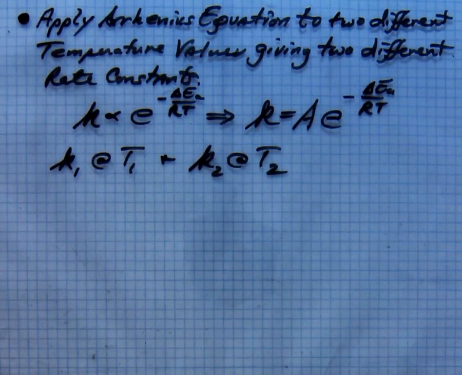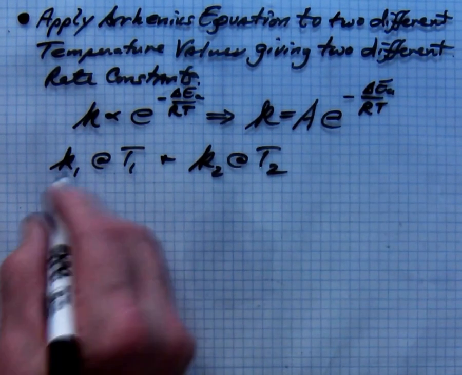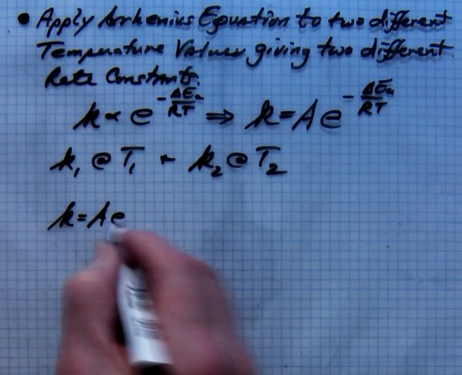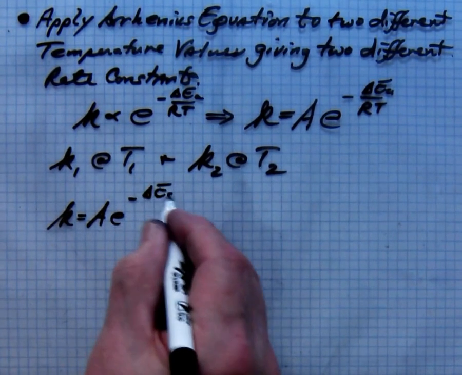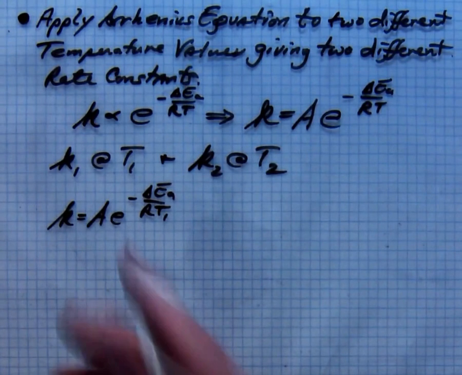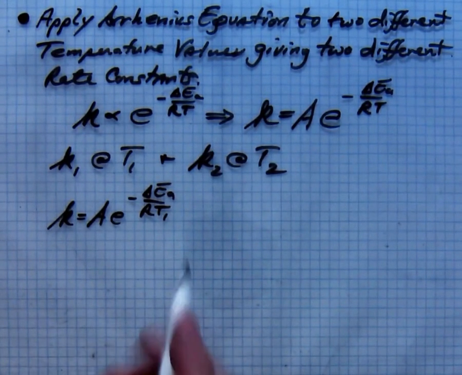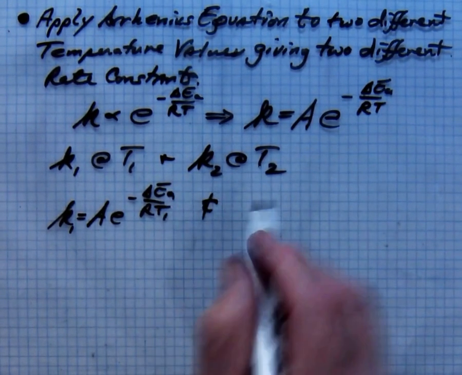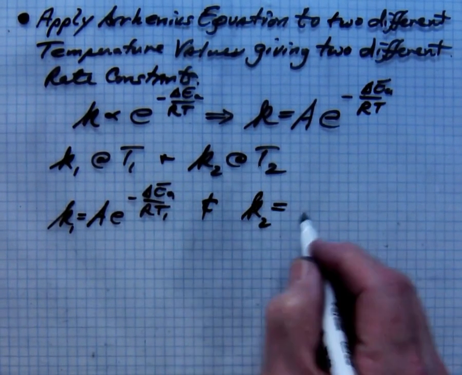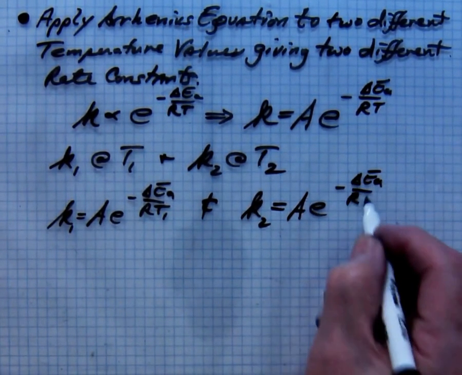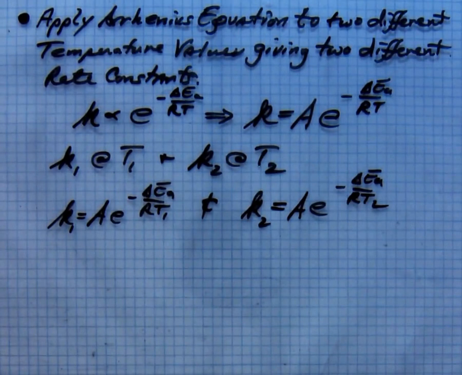So for conditions number 1, the K1 and T1, K is equal to A e to the minus delta E sub A over RT1. And A is going to be the same for whatever. And this is K1. And K2 is equal to A e to the minus delta E sub A over RT2, like this.